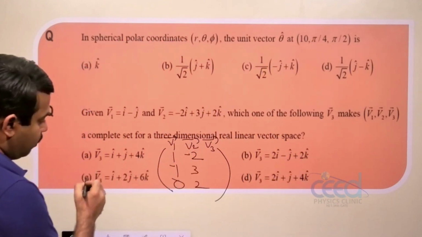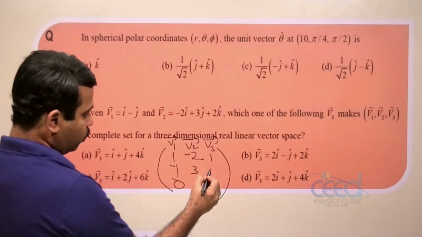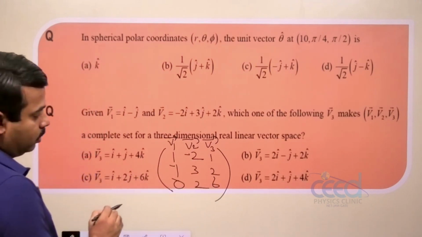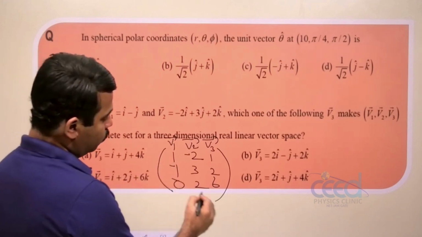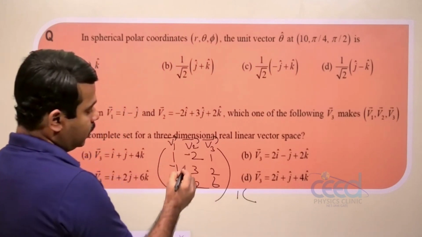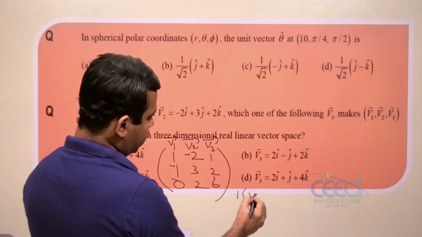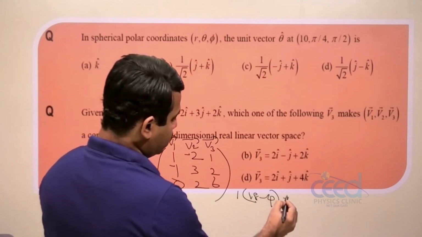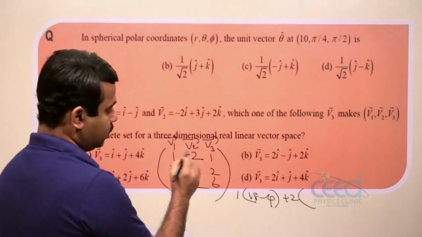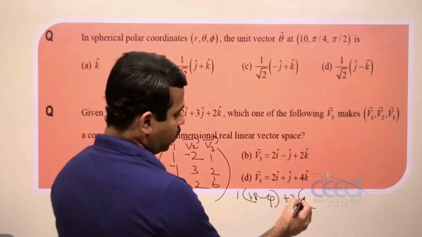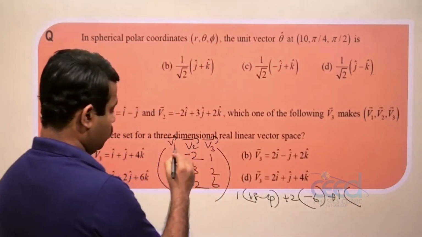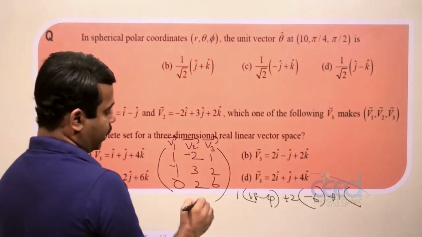Randomly I am putting 1, 2, 6. Then what is the determinant value? 1 into 18 minus 4, then plus 2 into minus 6, plus 1 into minus 2.